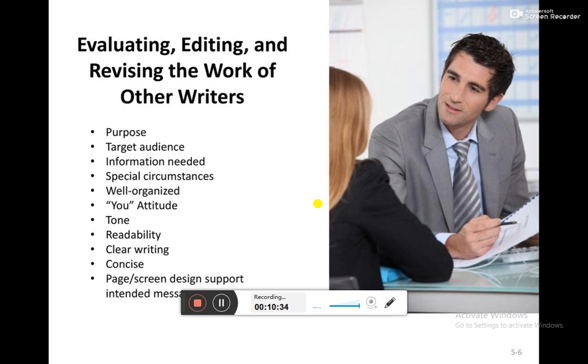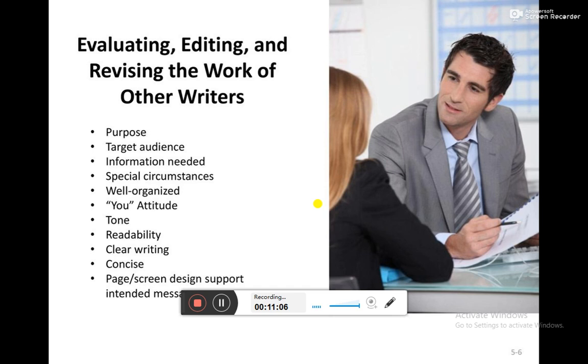In other words, make sure your input focuses on making the piece more effective, not on making it more like something you would have written. So the second point is make sure that you understand the writer's intent before you begin suggesting or making changes.